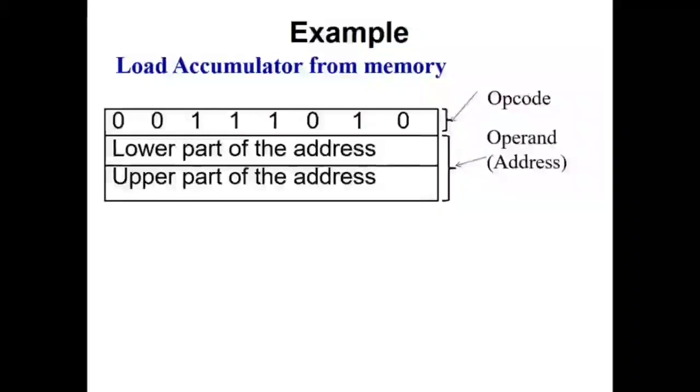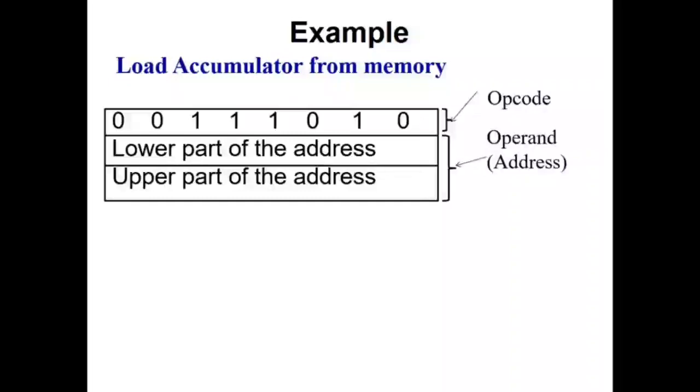The first byte gives the instruction to move data from memory and put it into the accumulator. We usually call that loading. Whenever you move data from memory and bring it to the CPU, we call it loading, or putting data into a register, we call it loading that register.